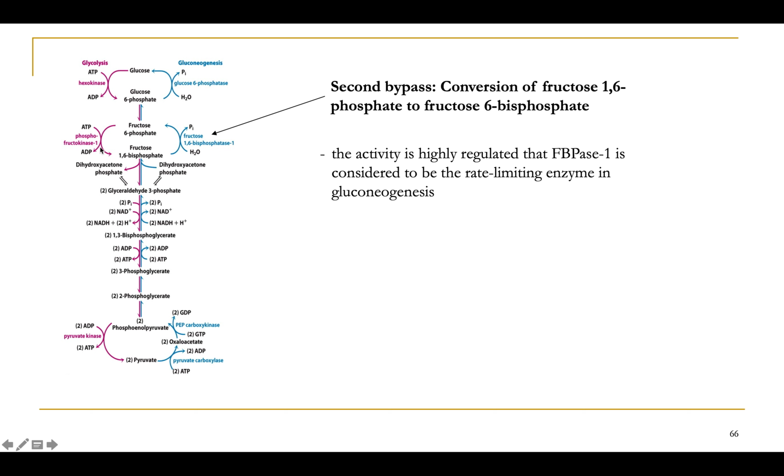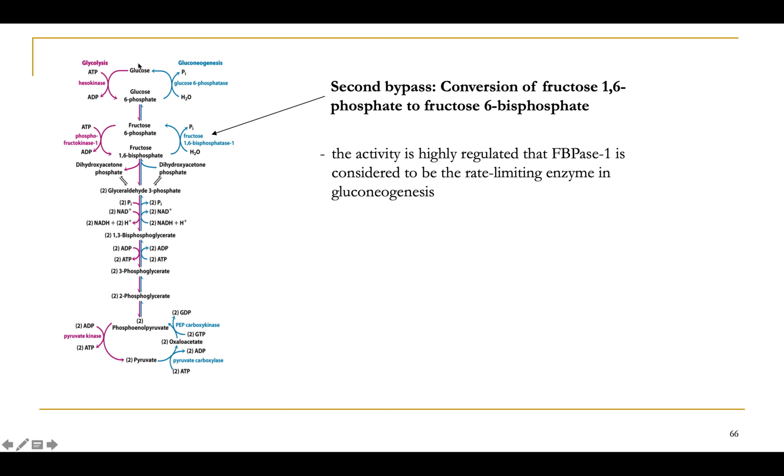So because of that, these two enzymes are completely different, and they are completely differently regulated, and in fact regulated in a reciprocal manner, allowing to separate these two pathways.